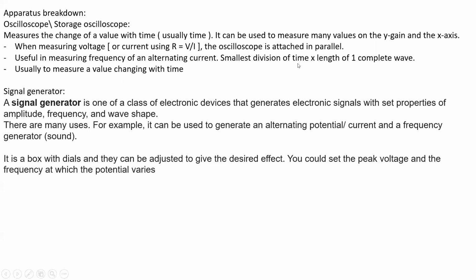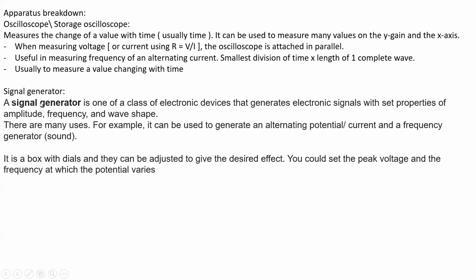An alternating current usually has a sinusoidal or cosine wave, and to find the period of one wave, it is the length of one complete wave times the smallest division of time. You can state it exactly like this in your answer, but the oscilloscope is usually used to measure a value that changes with time. It can be anything. Next up, we have a signal generator.